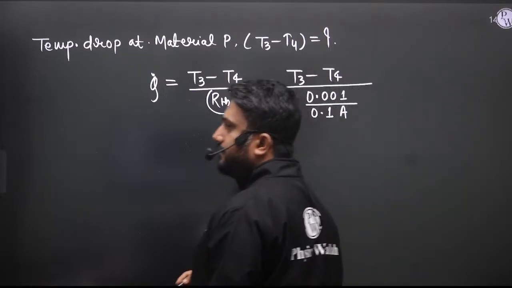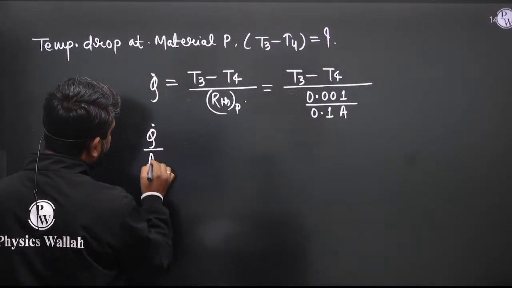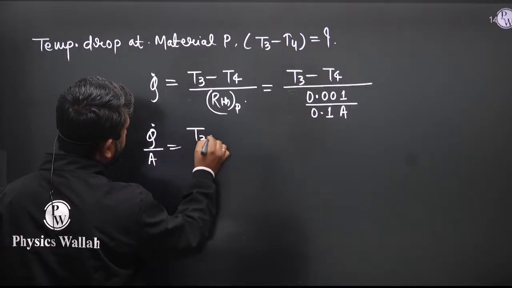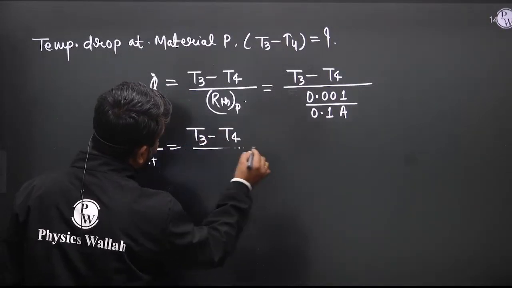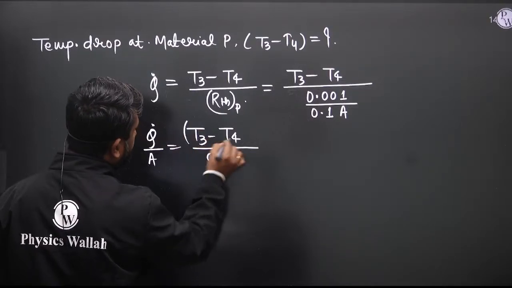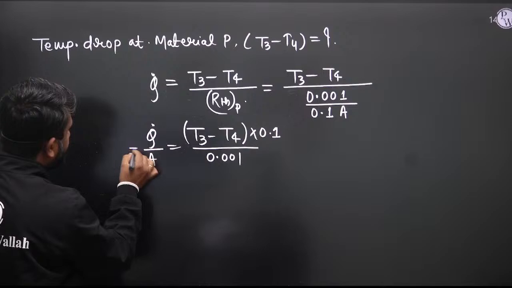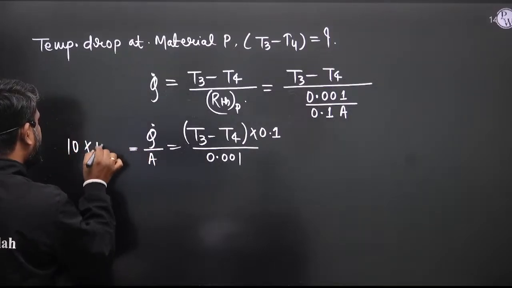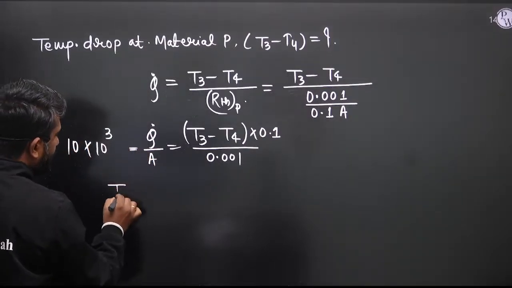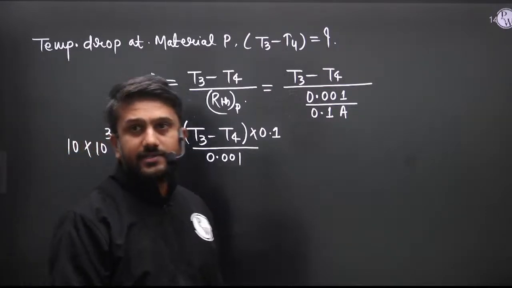Now do one thing, cross multiply with 1 by A. So this is T3 minus T4 divided by 0.001 over 0.1. Now this is 10 into 10 to the power 3. Now tell me what is T3 minus T4.